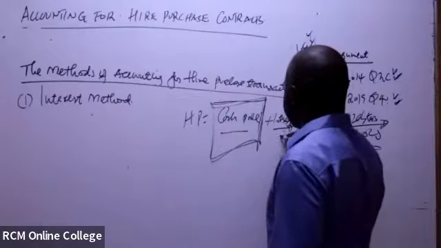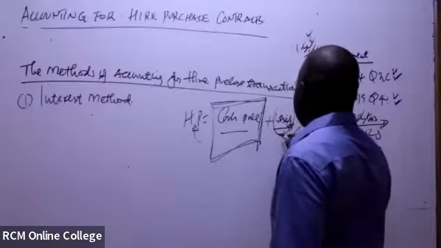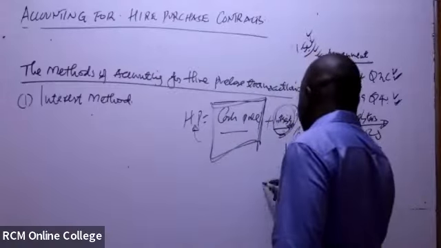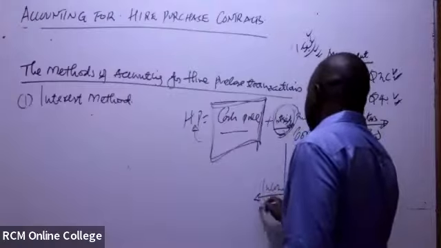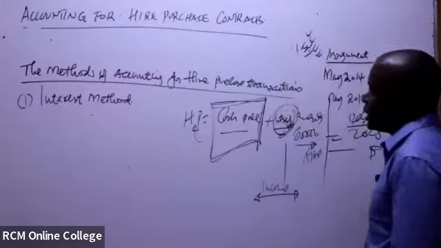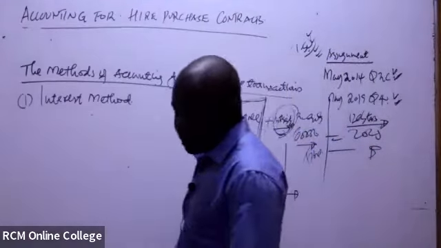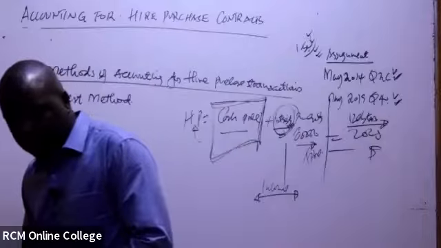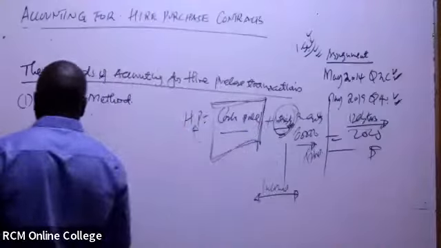But the interest that raises it to a higher purchase price, he will recognize separately as an income in the books of accounts. That's what it means. So interest is computed separately and considered as what? As an income.